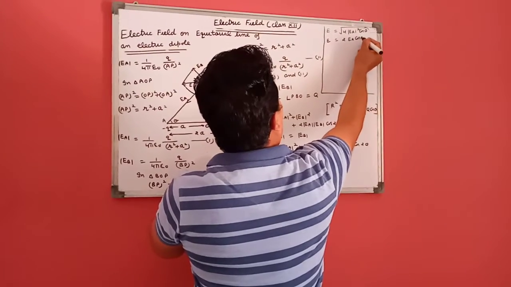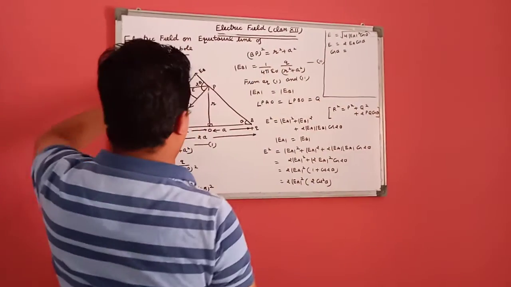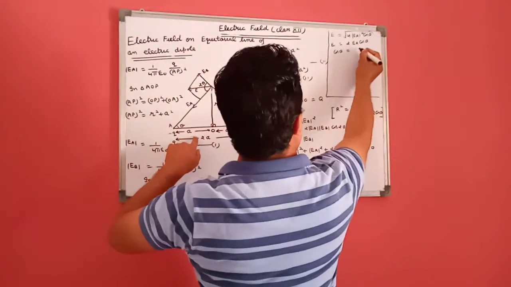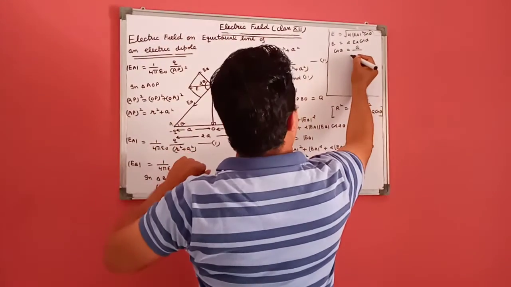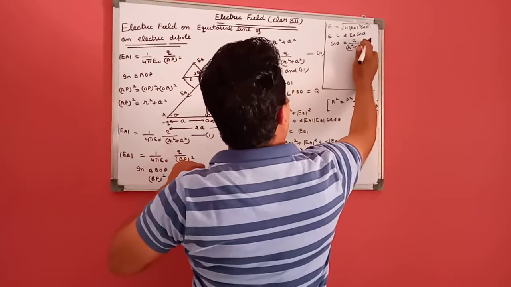2EA cos theta. In this diagram, cos theta is base a upon hypotenuse AP. AP is the square root of r square plus a square.